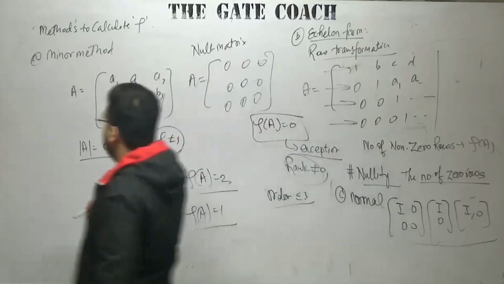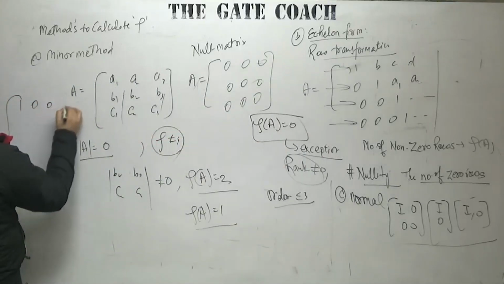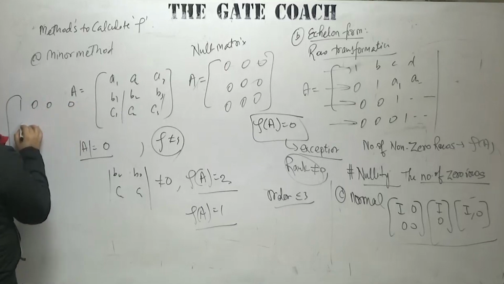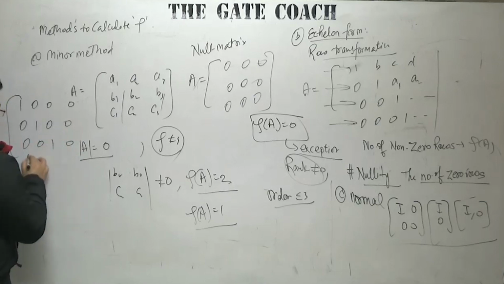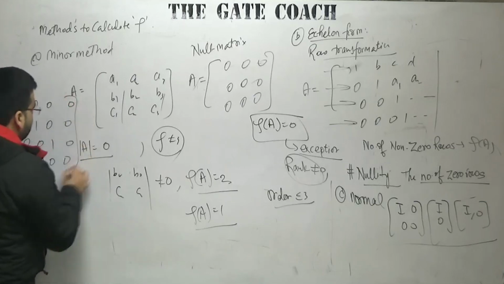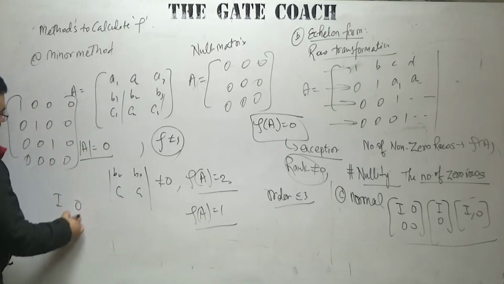For example, you have a matrix like this: 1, 0, 0, 0, 0, 1, 0, 0, 0, 0, 1, 0, 0, 0, 0, 0. By applying various row and column transformations, this is the form of I, 0, 0, 0.